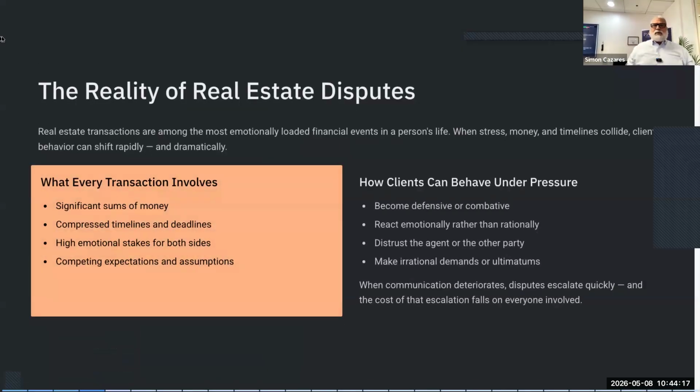All right, the reality of a real estate dispute, right? Real estate transactions are among the most emotionally loaded financial events in a person's life. Would you agree or disagree? Yeah, 100%. This is sometimes one of the biggest financial decisions for someone, especially a first-time home buyer.